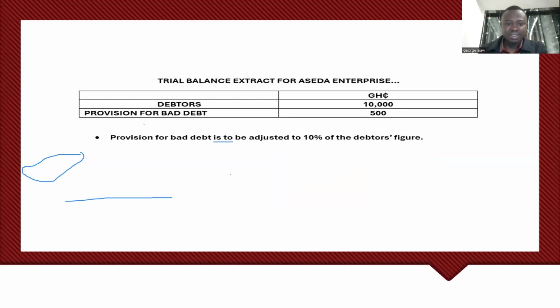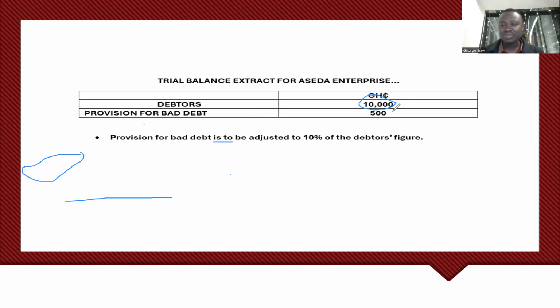Good. We actually have a simple question here, and this question has given us our debtors figure to be 10,000 Ghana cedis, and then we have provision for bad debt already in a trial balance. If there is a provision for bad debt already in a trial balance, then that is our previous provision.